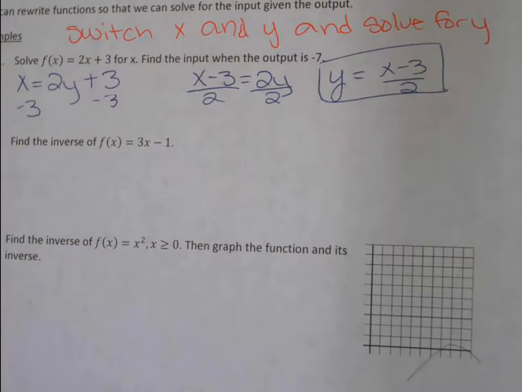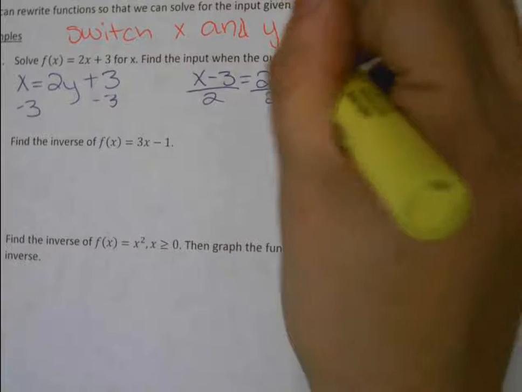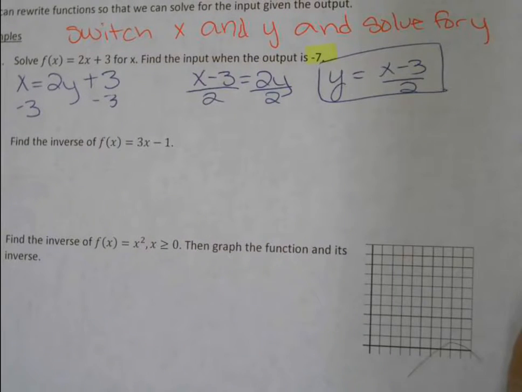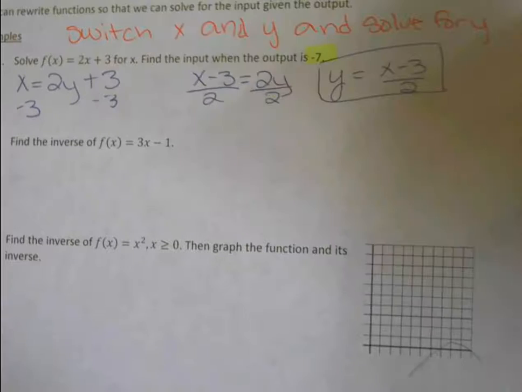What was your question? Okay. So then the second part of this question wants me to find the input when the output is -7. So I'm gonna plug in -7 for the x.